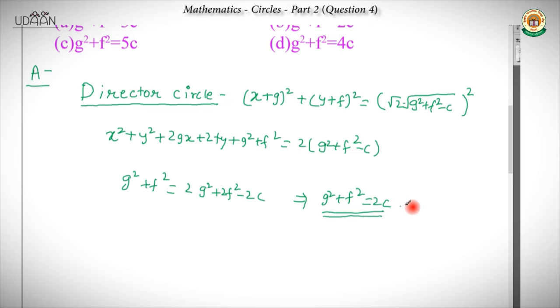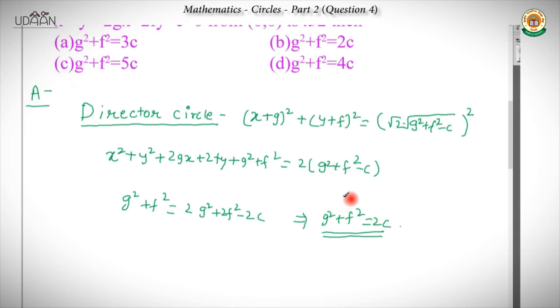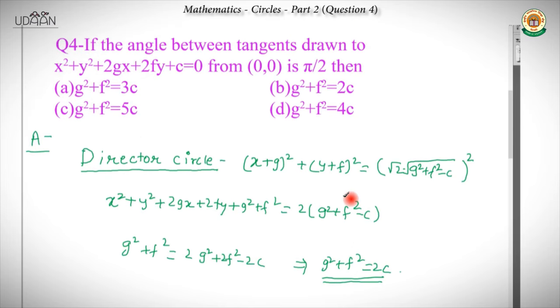Alright, so if you see in this question, suppose you are not acquainted with the concept of director circle, then you might try to solve by finding the pair of straight lines for the given equation of tangents, writing the equation, substituting 0 comma 0 and making sure that the angle is pi by 2. It will be very complicated, and since we know what director circle means and it is clear from the question that 0 comma 0 is a point lying on the director circle, we can directly find the equation of the director circle.